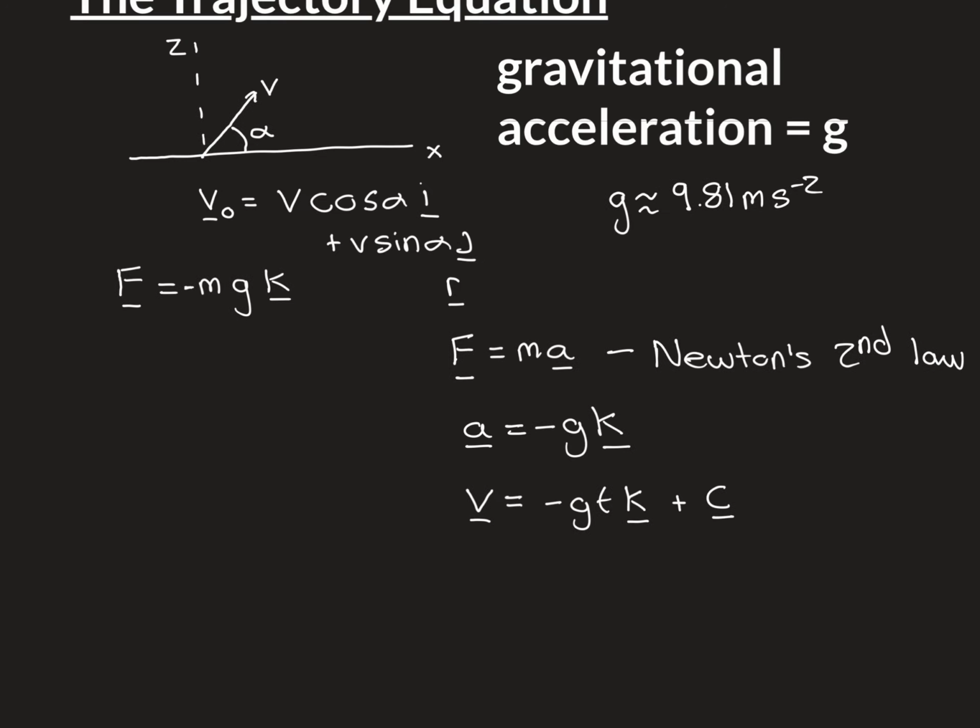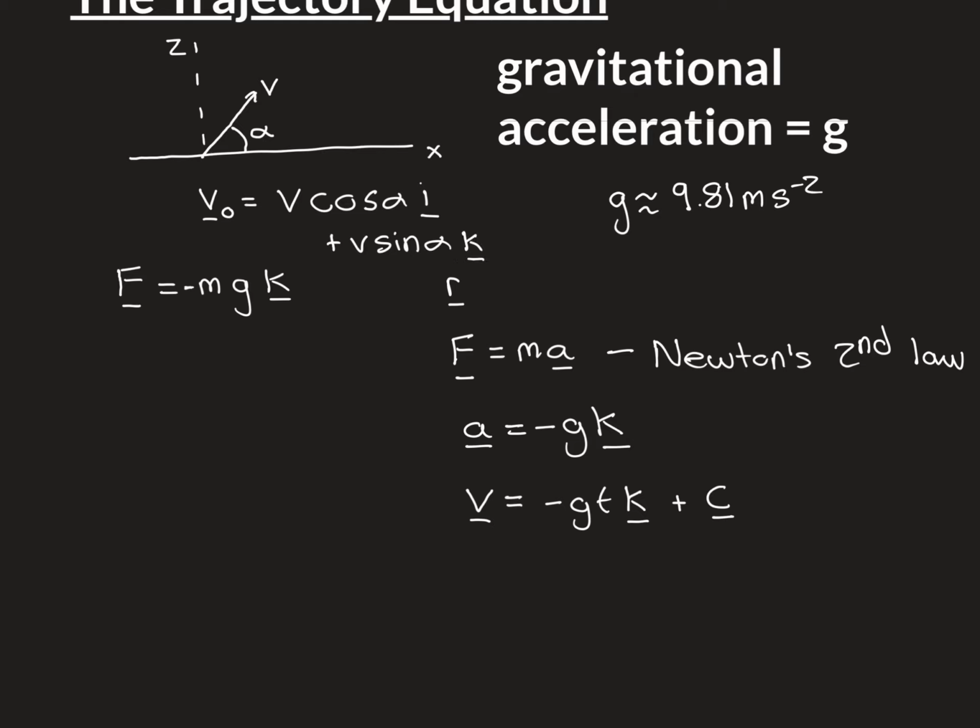So let's do that now. If we look at what the velocity vector was at time 0, we could call this v with a line underneath it because it's a vector, with subscript 0 to mean at time 0. This is just going to be equal to this. So v without a line underneath it means the actual speed that it was going originally, so the modulus of this, if you like. And then we want the two components. It's got a component in the i direction and a component in the k direction. I've just realized I've made a mistake here, so let me just alter that.